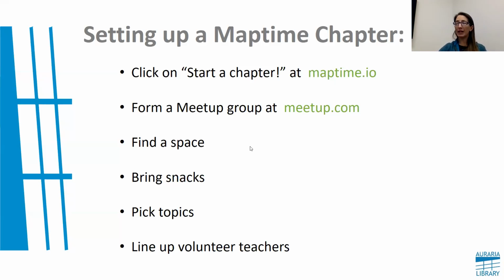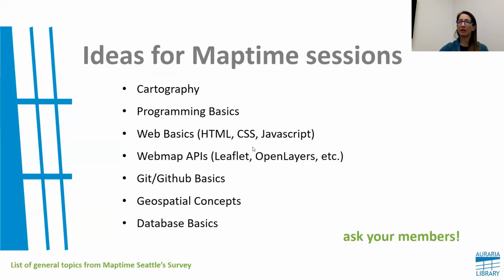In the next slides, I'm going to share some of the things that I have done for MapTimes in the past. And like I said, asking your members is a really good way to know where you should go with your MapTime. This is a list that I got directly off of MapTime Seattle's survey.